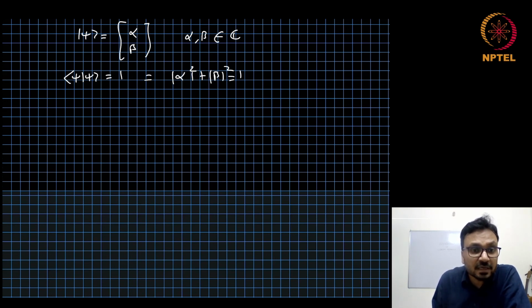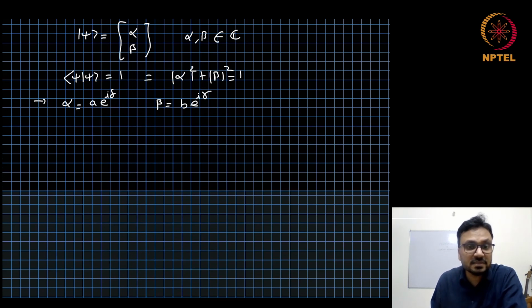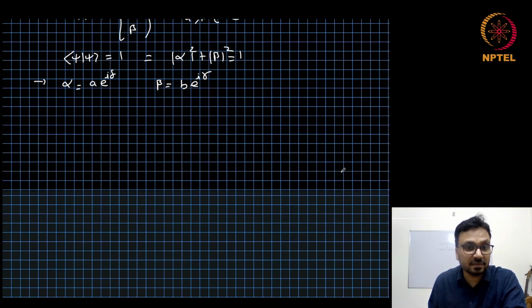Now both alpha and beta are complex numbers, so we can write them in polar decomposition: alpha equals a exponential of i delta and beta equals b exponential of i gamma, where a and b are real numbers, and delta and gamma are phases. In that way we can write any arbitrary alpha and beta in this form. So the normalization condition turns out to be a^2 + b^2 = 1.